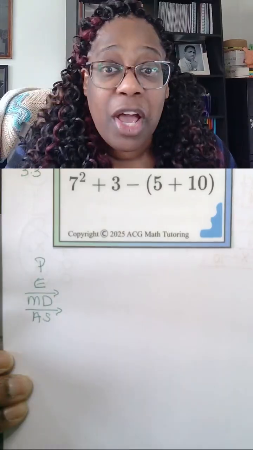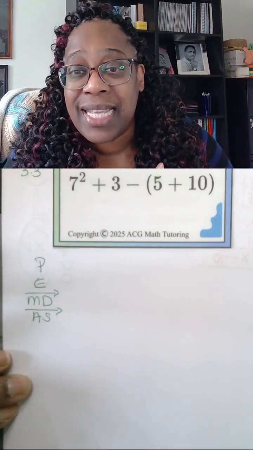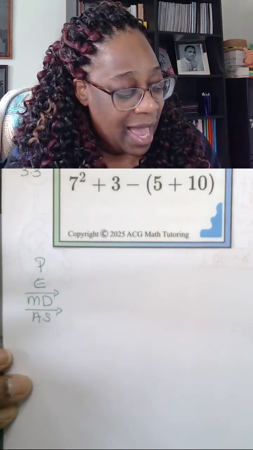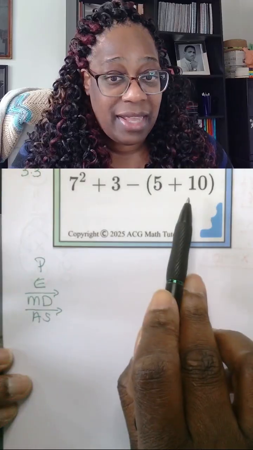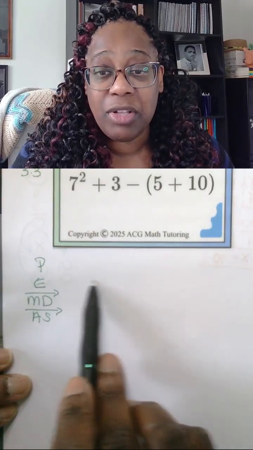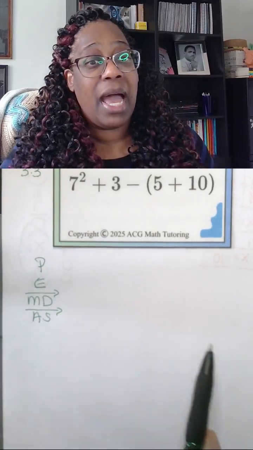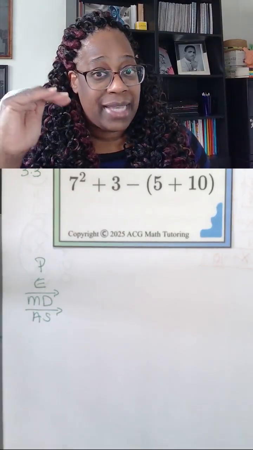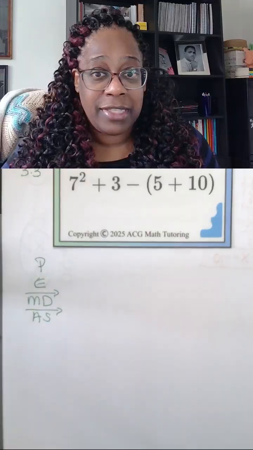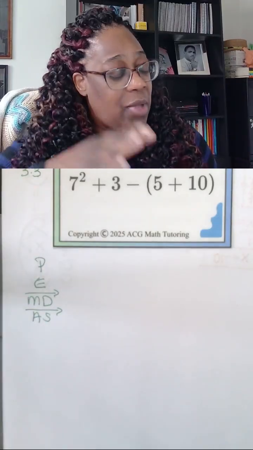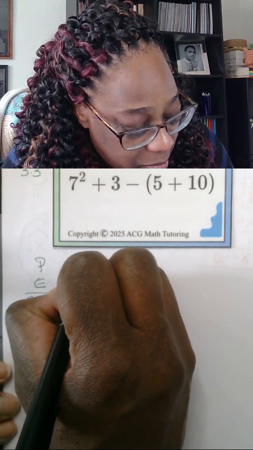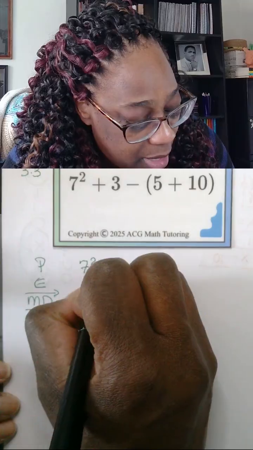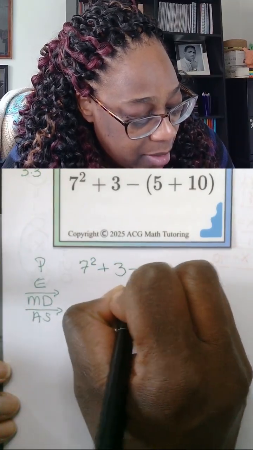I know if I was doing this as a test, I would take my exponent and also do my parenthesis all in the same line. But I'm going to try to go step by step, and you go at the pace that you want to go at, okay? I know I can easily combine that 7 squared, but I'm just going to rewrite it this time. Plus 3 minus.